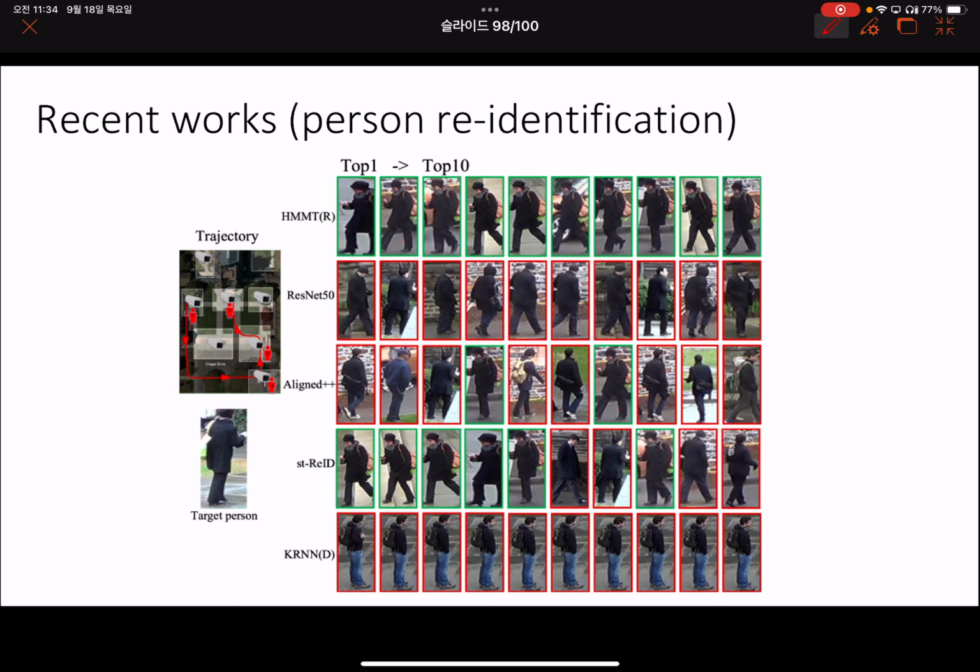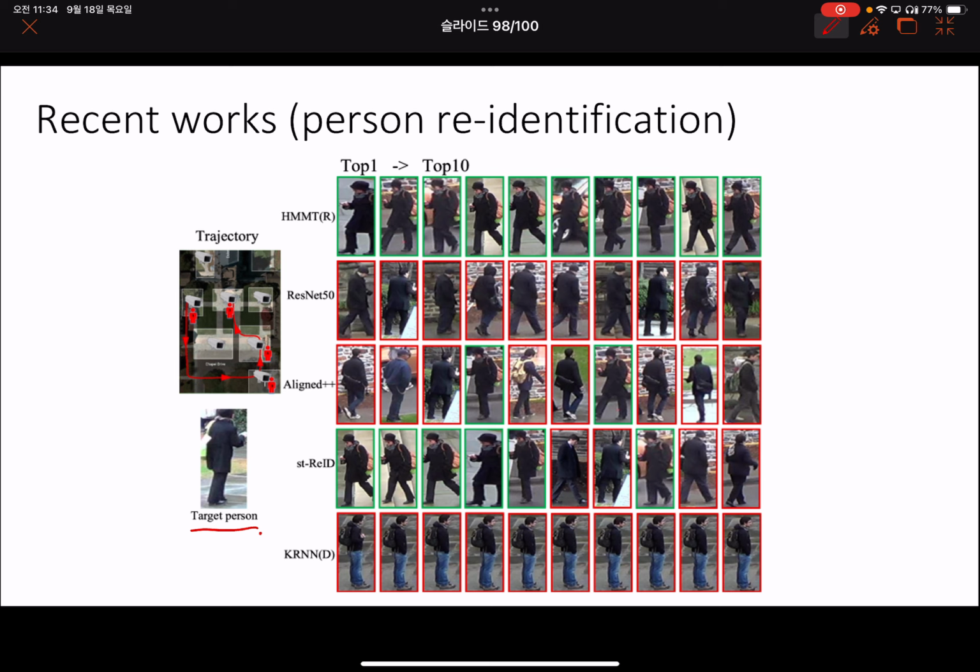And a more practical task is person re-identification. So now it is not about 3D. This is target person's image, and then it tries to find the closest person from the candidates.